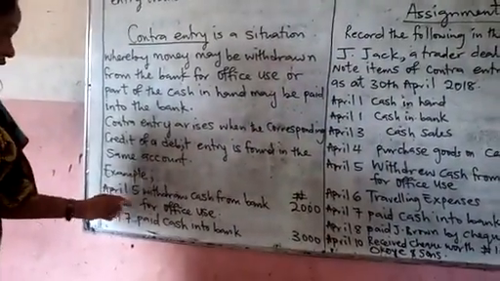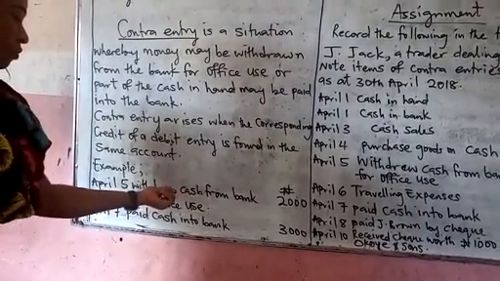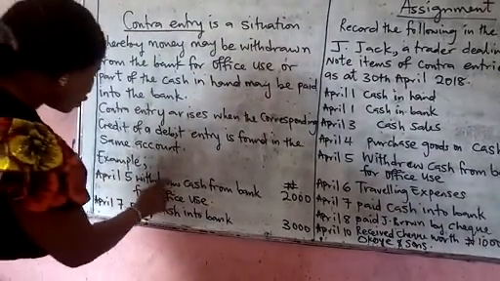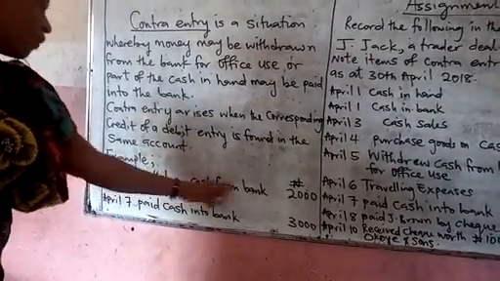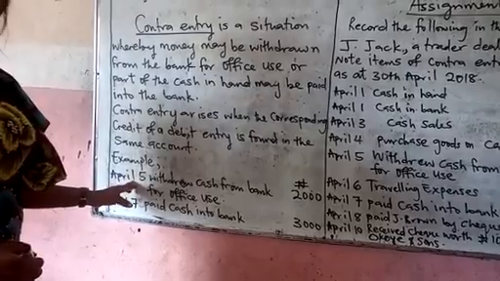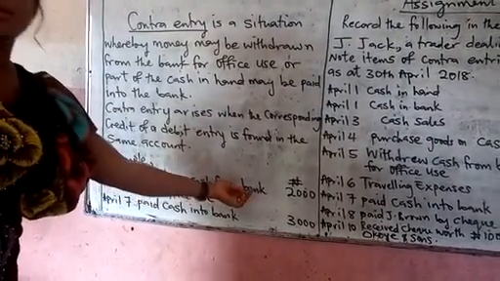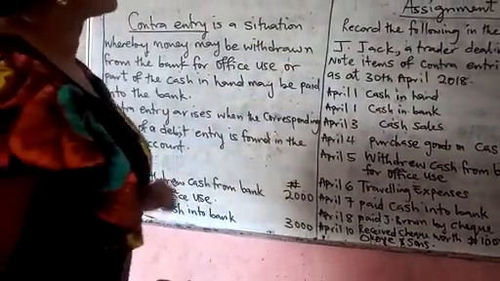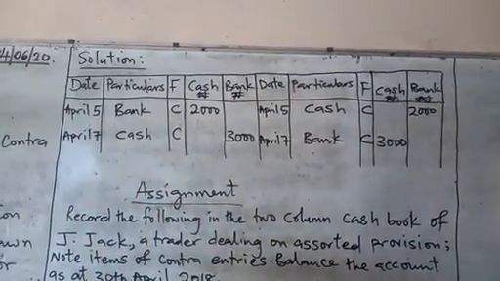Okay, look at this illustration. April 5th, withdrew cash from bank, 2,000 naira. Okay, look at the posting here. Let me explain.